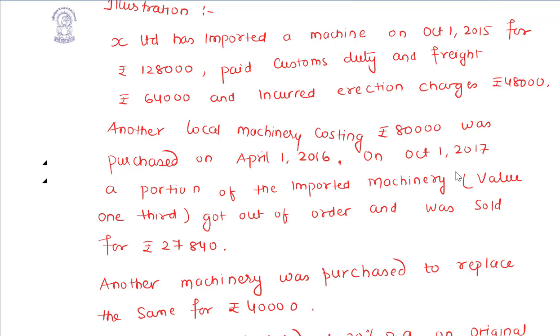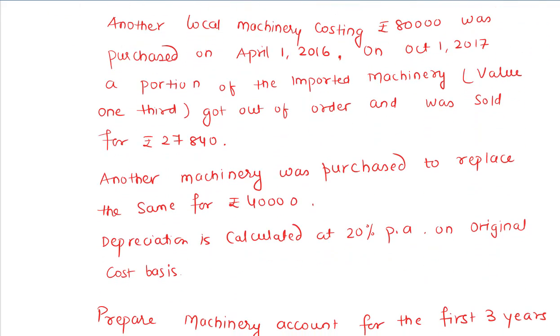So customs duty and freight of 64,000 and erection charges of 48,000 would be accumulated in the original cost of the machine, and the original cost would be 1,28,000 plus 64,000 plus 48,000. It is to be capitalized. Next, another local machinery costing 80,000 was purchased on 1st April 2016.